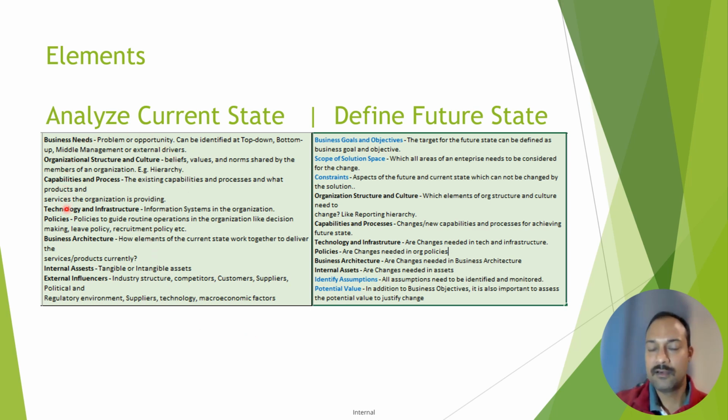So half of the elements of analyze current state would also be in the future state: organization structure and culture, capabilities and processes, technology and infrastructure, policies, business architecture, and internal assets are carried over from analyze current state. So for the future state, we have to analyze these elements as well.